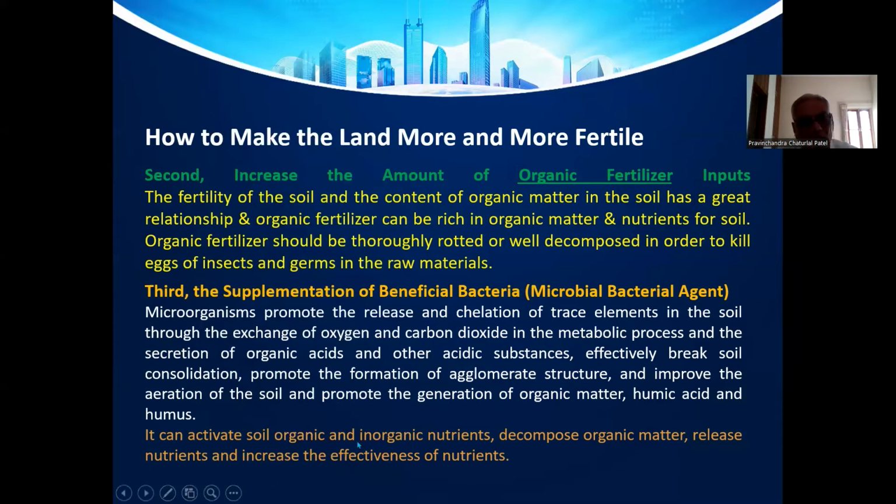It can activate soil organic and inorganic nutrients, decompose organic matter, release nutrients, and increase the effectiveness of nutrients. So microorganisms play an important role in the availability of the nutrients, because in soil the nutrients are in unavailable form, but they are converted into available form with the help of the microorganisms.